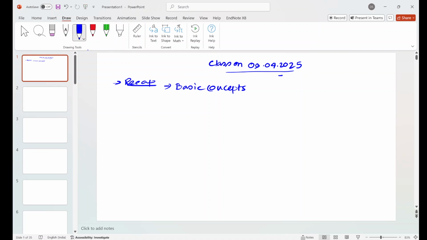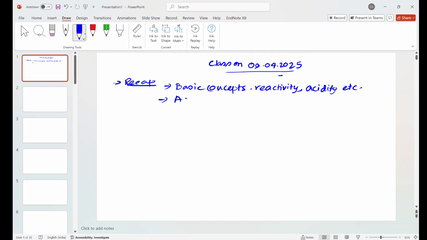Okay, so what we have studied, the reactivity, acidity. Okay, so these are the basic steps that we already have gone, and we have done some reactions.